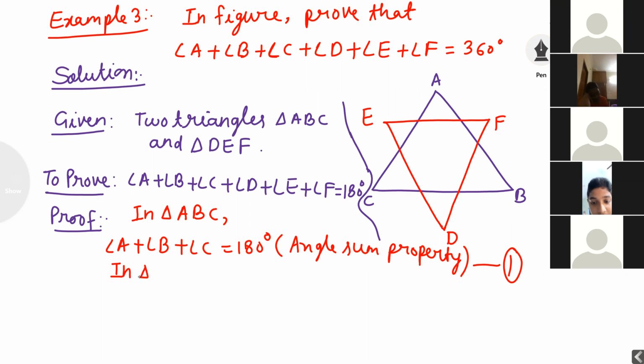Second equation, in triangle DEF, angle D plus angle E plus angle F is equal to 180 degree. Same concept, angle sum property of a triangle.